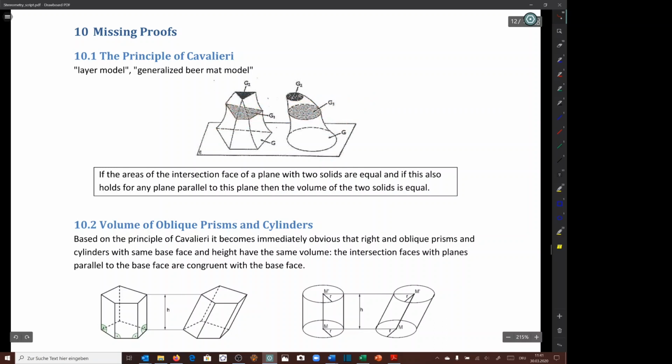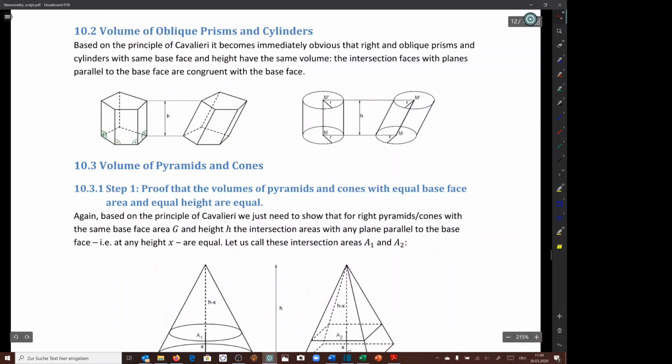And the principle of Cavalieri just says, if no matter at what height I place this parallel plane, and I look then at the cross sections, and the cross sections have the same area, then the volume of the two solids is the same.